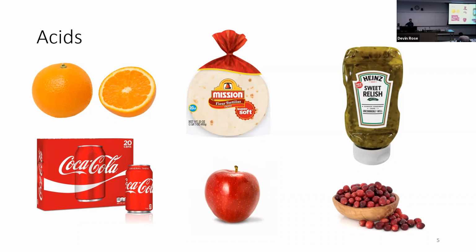And fumaric acid has a unique functional property when added to wheat flour-containing foods. What it does is it relaxes the gluten. Gluten's very elastic, right? So it makes it hard to roll out a tortilla because it just wants to shrink back into a ball. And fumaric acid will make it easier for that to be rolled out.